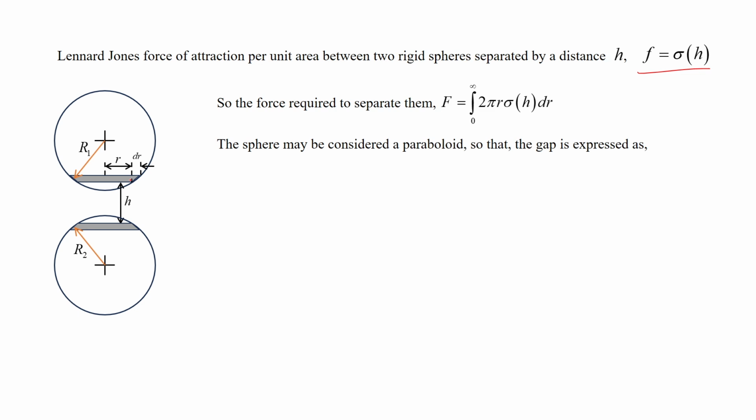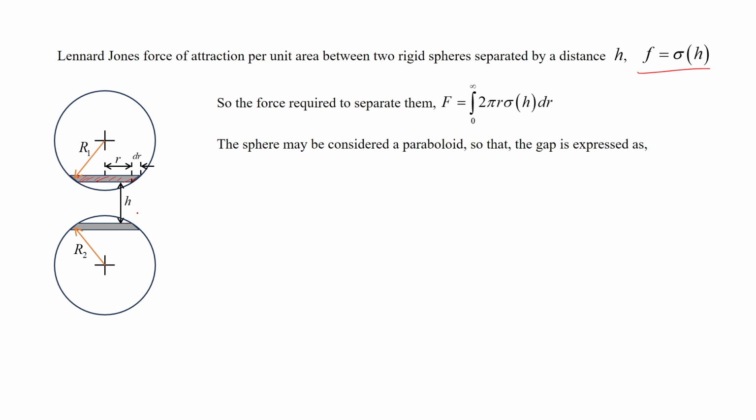So this is a sphere, and this is also a sphere, R1 and R2, both rigid, so there is no deformation there. Now this portion of the surface of the sphere has been taken, this is the elemental portion. This element has radius r and width dr, and is at a distance h from another element on sphere 2.